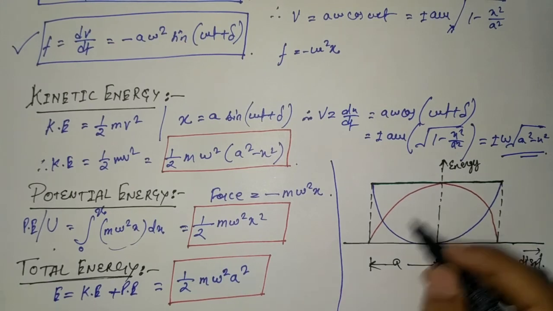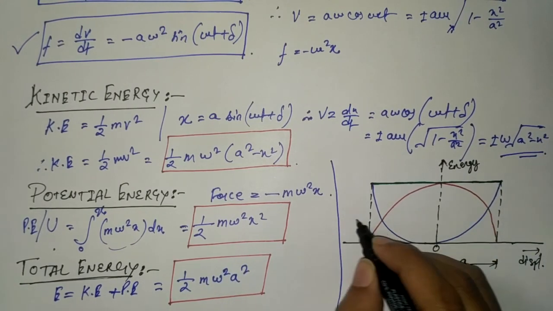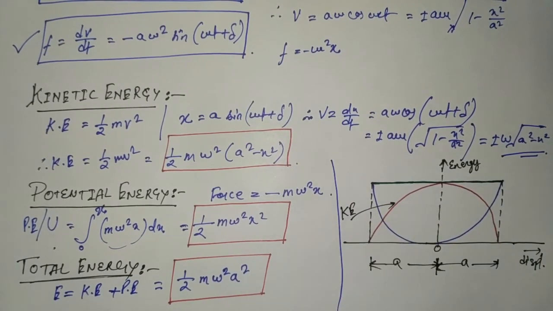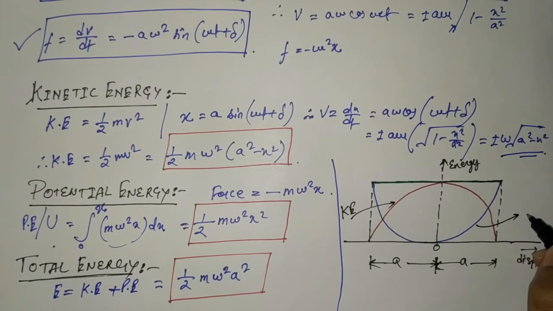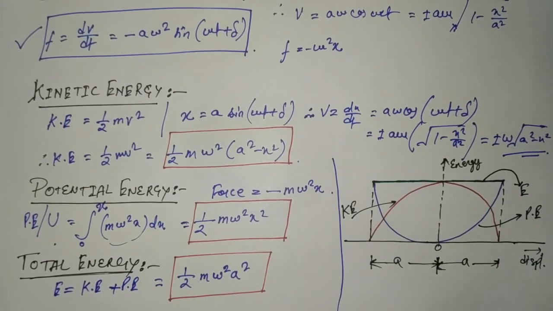In this diagram, the red line represents kinetic energy. The blue line represents potential energy, and the dark green line represents the total energy. So this is the energy distribution curve for a simple harmonic motion.